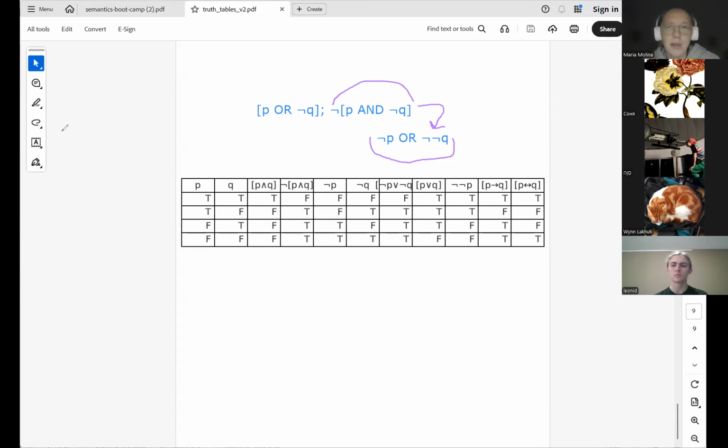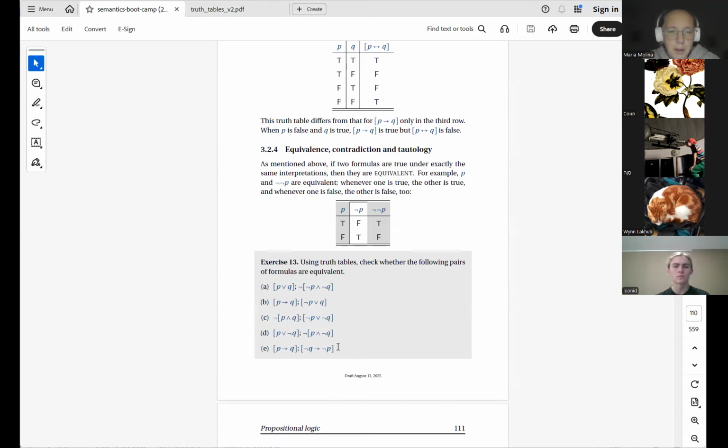We simplify the double negation and we get P or negated Q. Okay? And we compare. And we get, yes, they are equivalent.